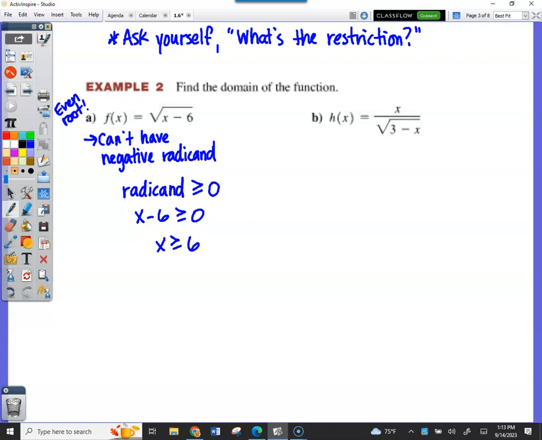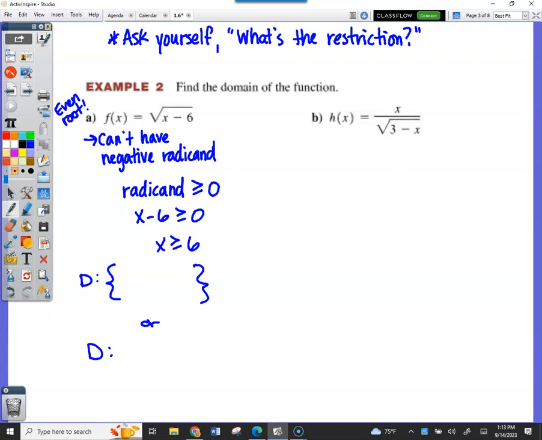So x has to stay greater than or equal to 6, sorry. Does that make sense? But let's write it in set theory or interval notation. You might be able to go straight to the interval notation now that you've reminded yourself how to shade. This would mean start at what?